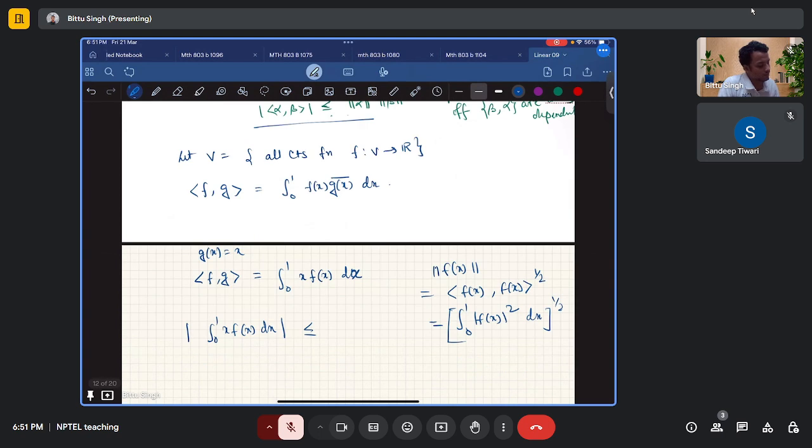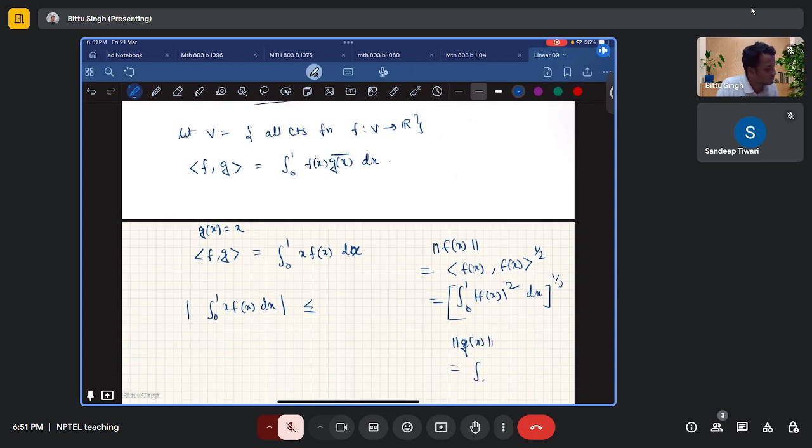Mod f(x) square and f(x) square are the same in this case. And the norm of the second thing g(x), by the same definition, is the integral from 0 to 1 of mod g(x) square, which is x square dx, which is 1/3, x cubed by 3, put the value, so 1/3.